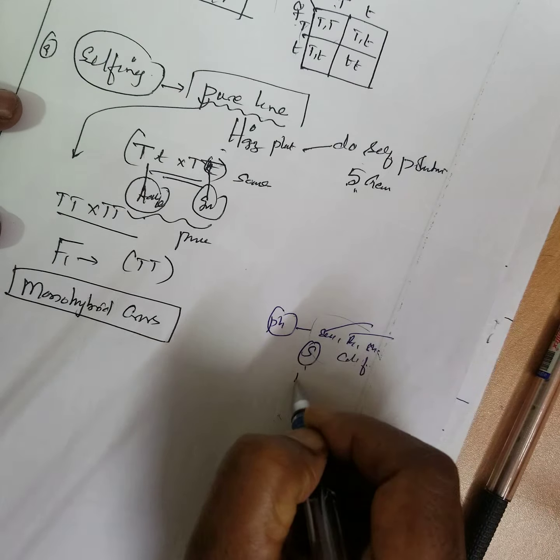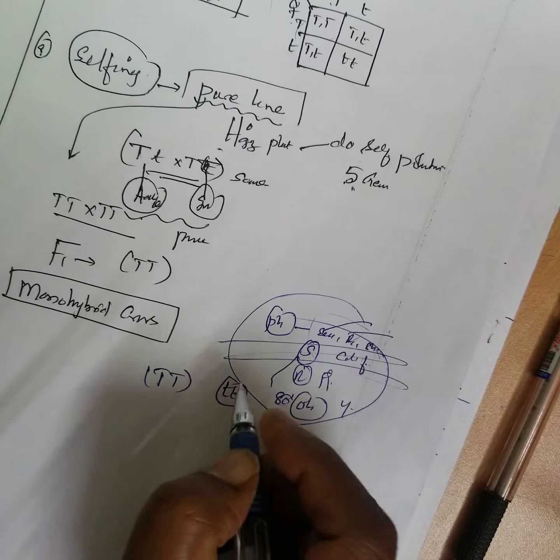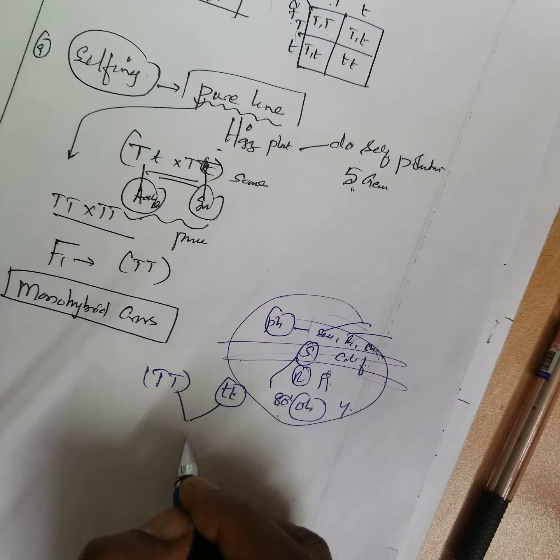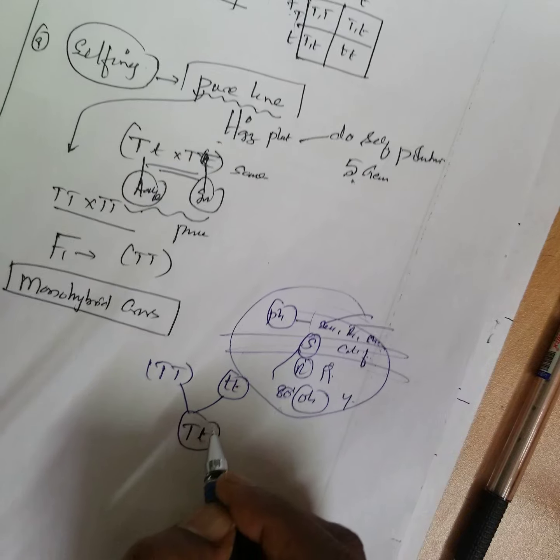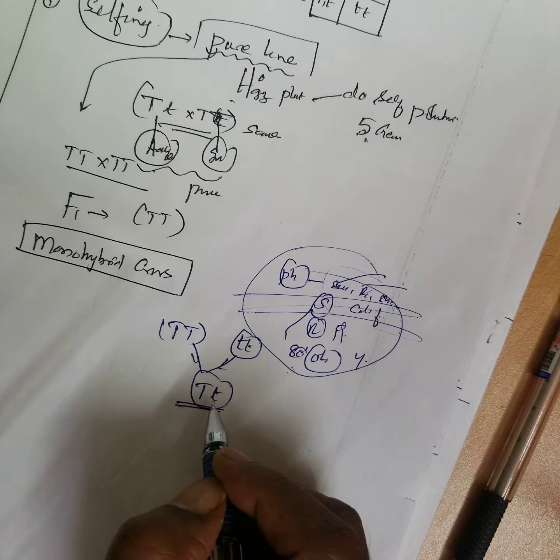But we are not taking all these things; we keep the other things constant. We take only height, TT, TT. This is called the monohybrid form.